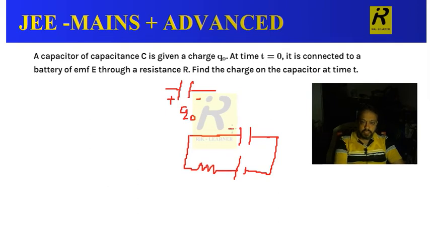In the beginning there was a charge Q0 on the capacitor, and the capacitance of the capacitor is C. The EMF of the battery is E, and the resistance is R.